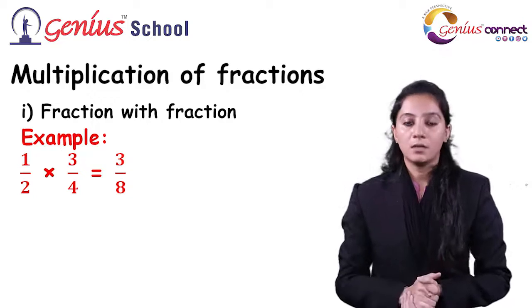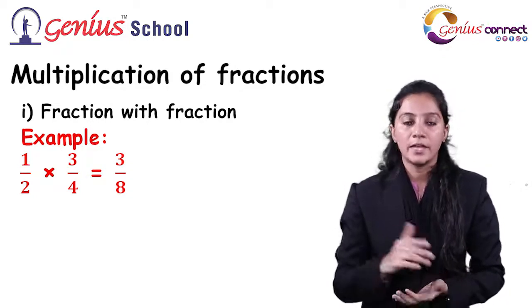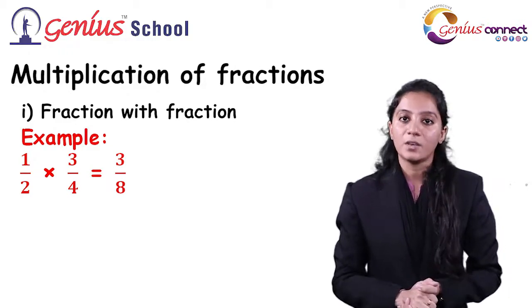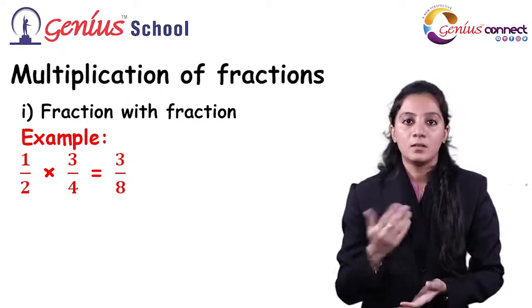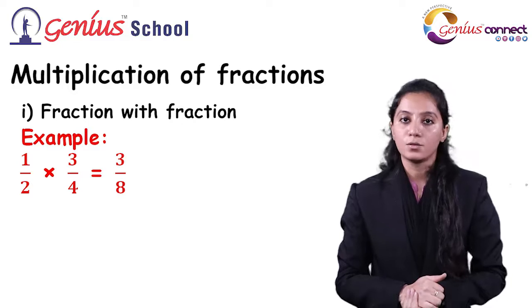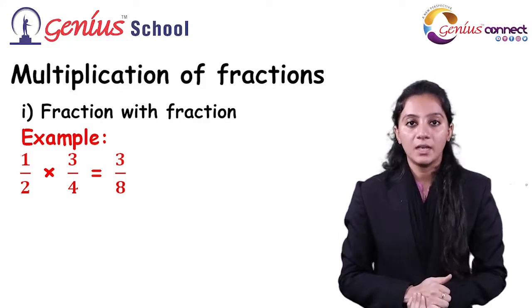In the first fraction the numerator is 1 and in the second fraction the numerator is 3. So 1 multiplied by 3 is 3, and the denominators are 2 and 4. 2 multiplied by 4 is 8. So you can see our answer is 3/8.